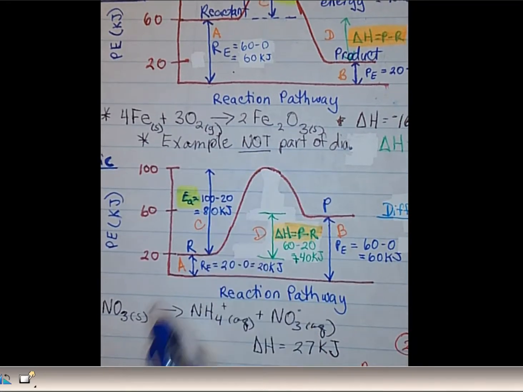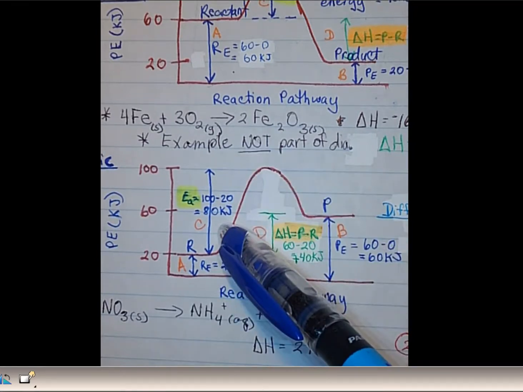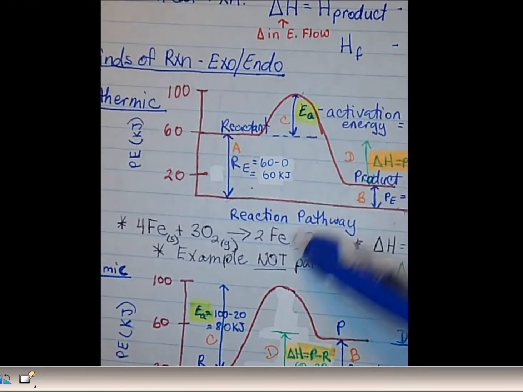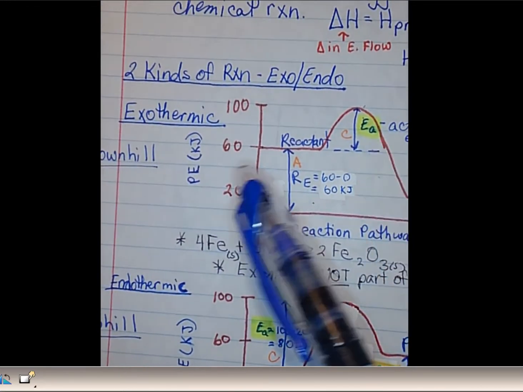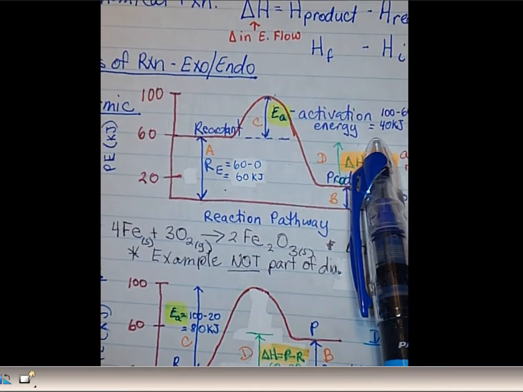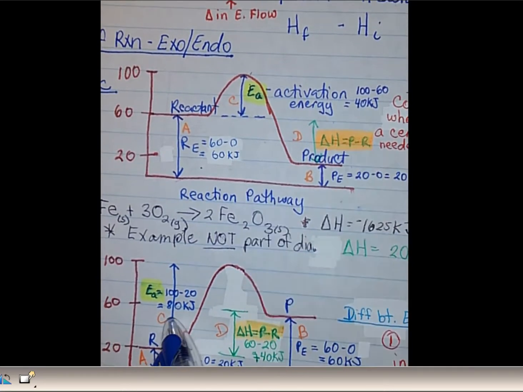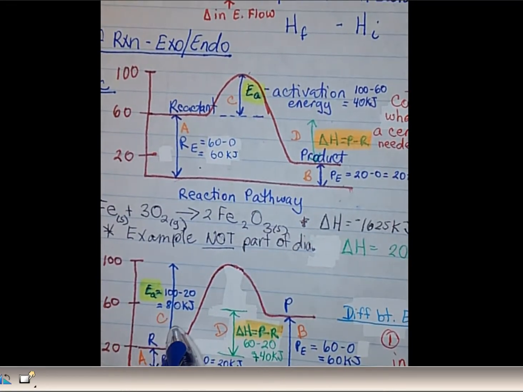You need at least 80 kilojoules of it. Notice that this 80 kilojoules is quite high compared to the activation energy of an exothermic reaction, where you really had 40 kilojoules. So clearly, this endothermic reaction takes a greater amount of activation energy for the reaction to go through.